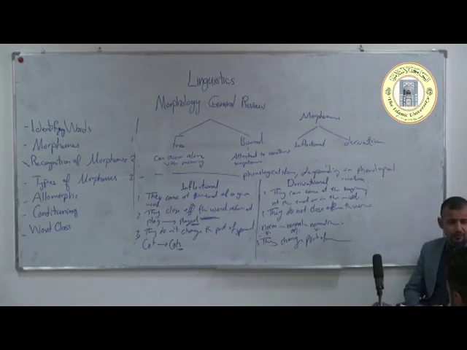Just like the allophone, the variant forms of a phoneme, here the allomorphs are the different realizations of a morpheme.